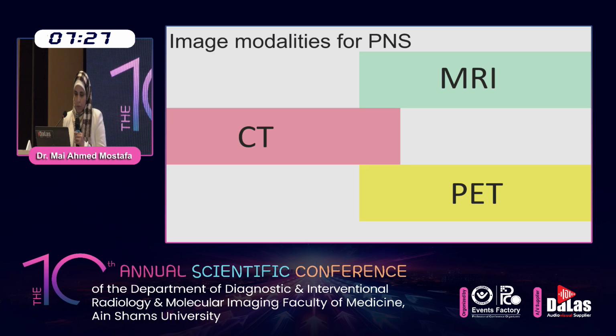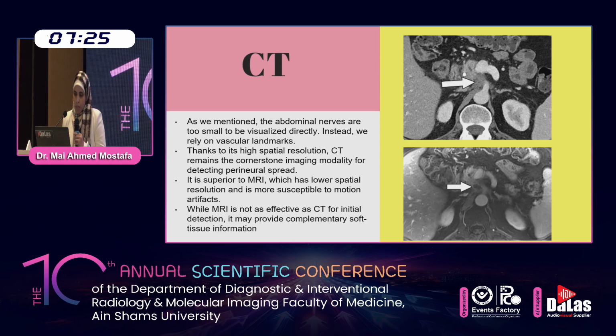Regarding the imaging modalities, CT is considered the cornerstone imaging modality for detection and prediction of the perineural spread, owing to its high spatial resolution, and it is less susceptible to motion artifact when compared with MRI.